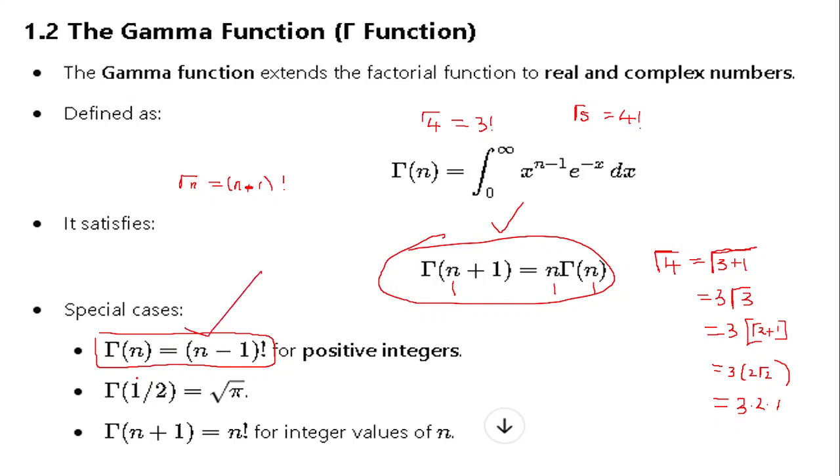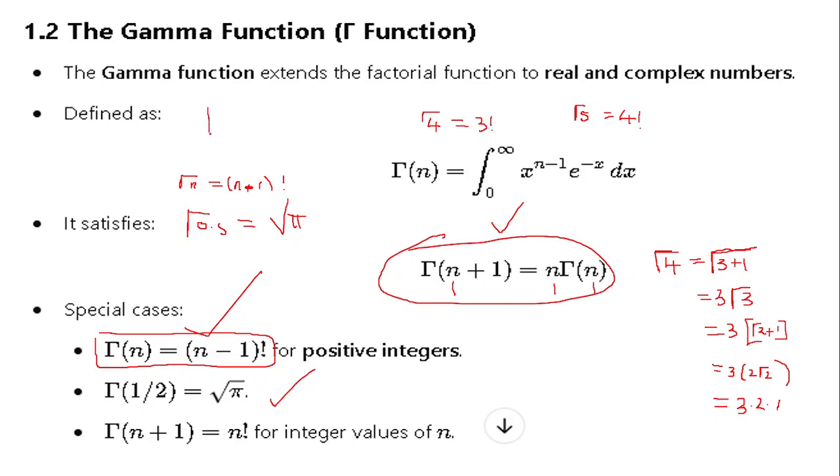Then another thing is, anytime you get gamma of half, gamma of 1 over 2, or say gamma of 0.5, this is just equal to root of pi. Right? Yes, sir. Then the last one is very interesting.